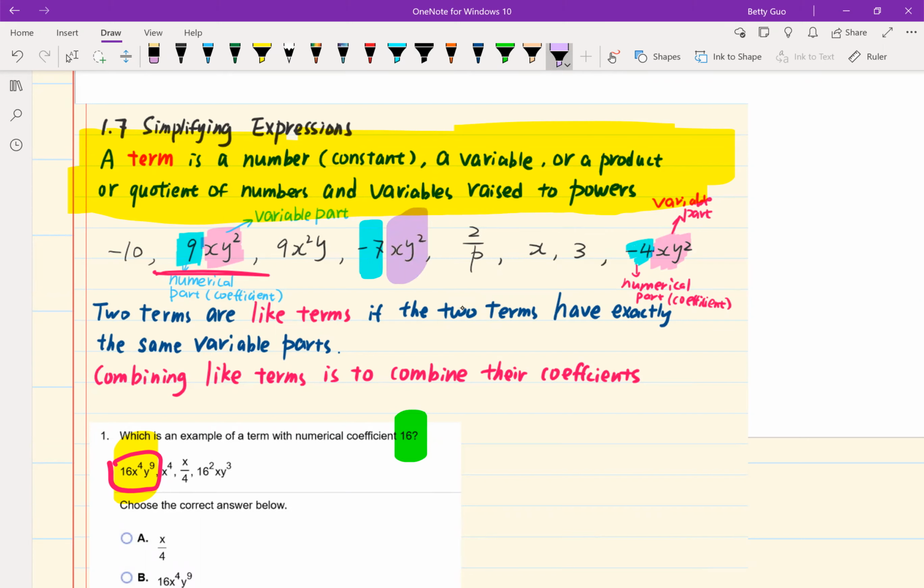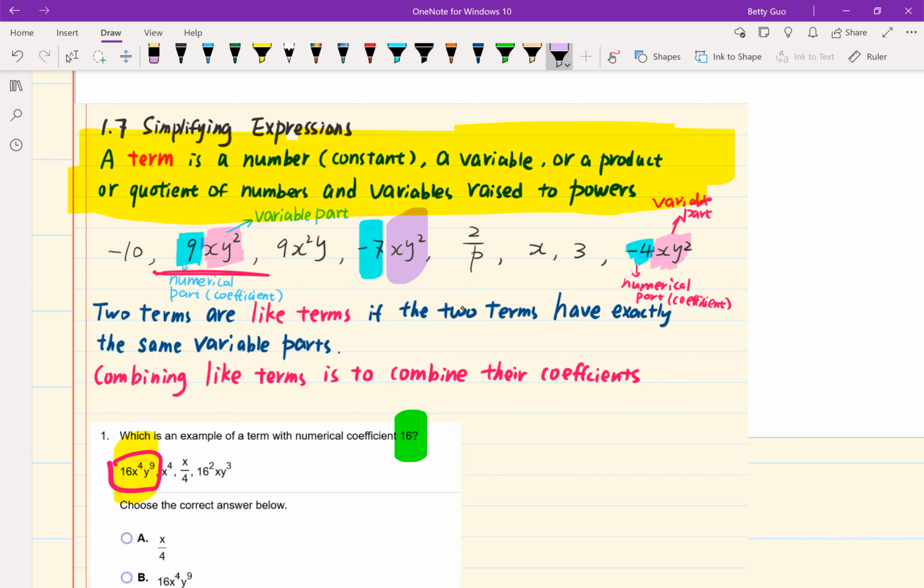The variable part is xy squared, right? The same way as the other two. Do you see that? Yeah. So among those terms, those three, they are all like terms because their variable parts are exactly the same. Coefficient different, that's totally okay. Coefficients don't have to be the same. The important thing is the variable part has to be the same.